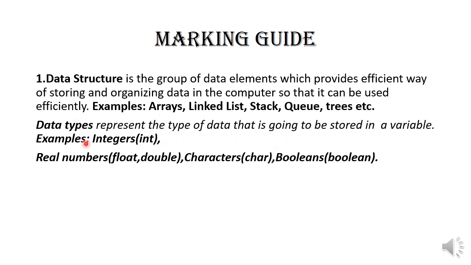For example, integers in computer science means all the numbers without decimal points or binary points, so positive or negative numbers without the decimal parts. Integer variables are declared by using the data type int.